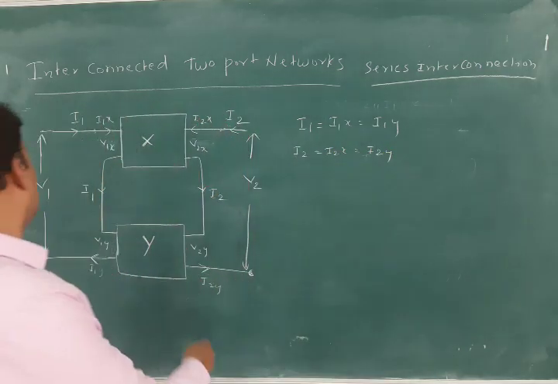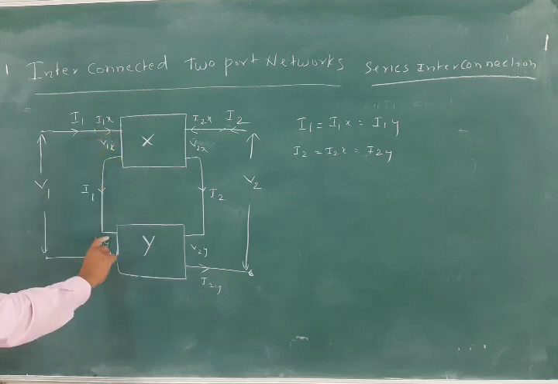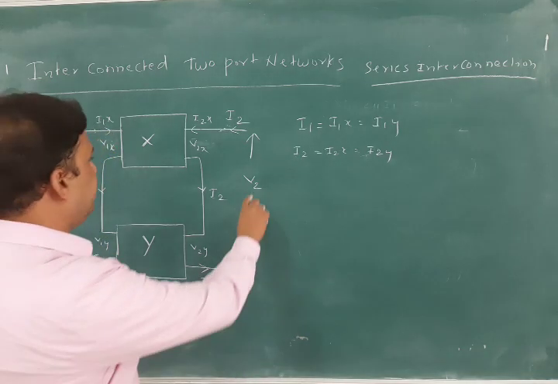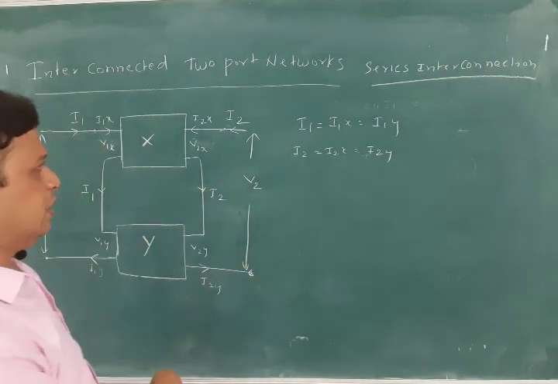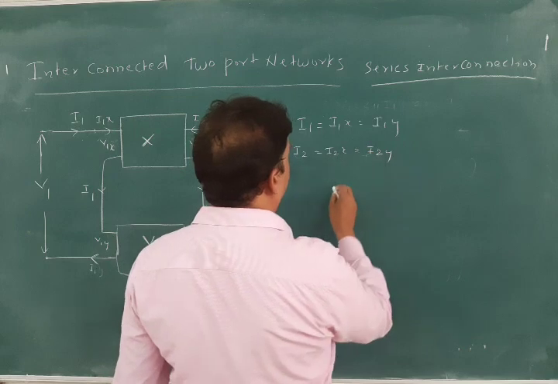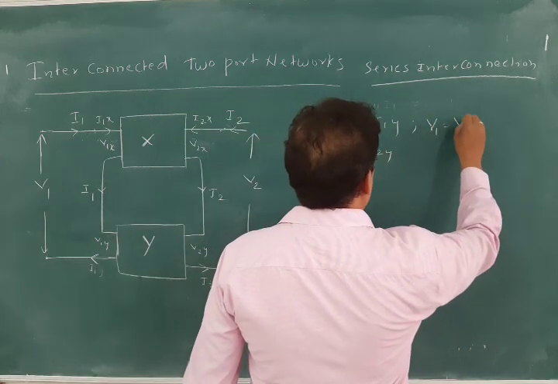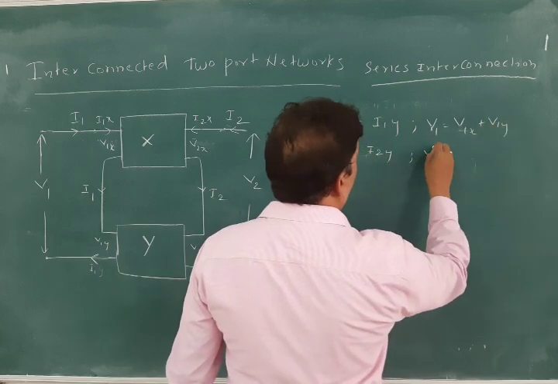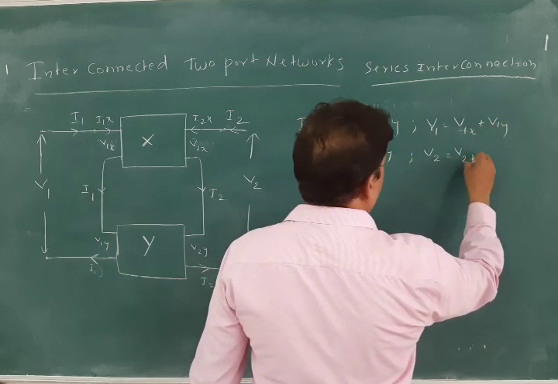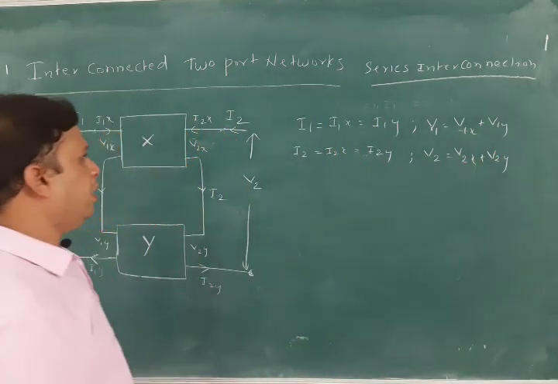And what is the voltage V1? V1 is equal to V1x plus V1y. And what is V2? V2 is equal to V2x plus V2y. So it is the sum of the voltages here.